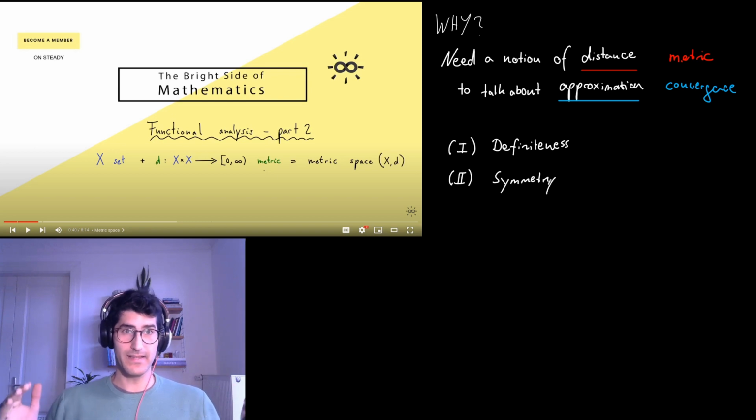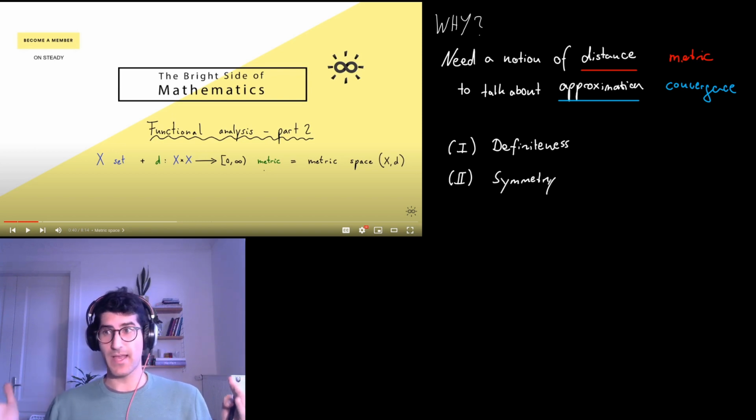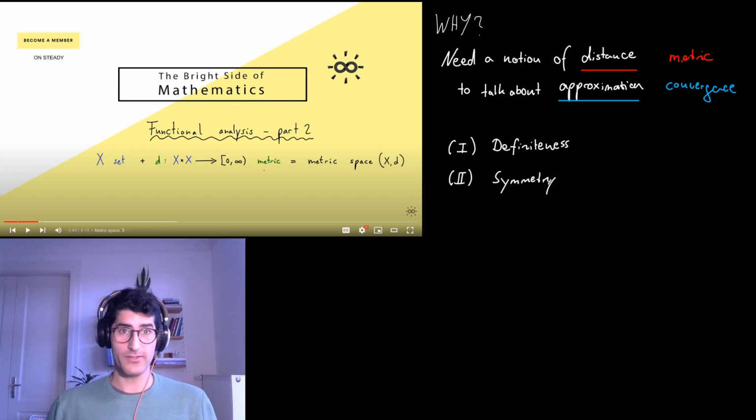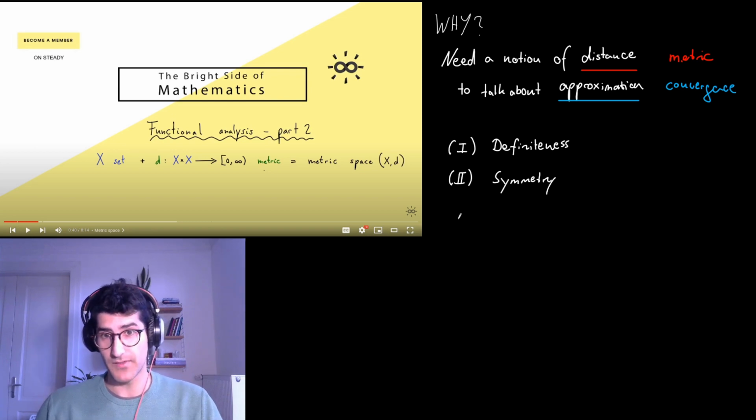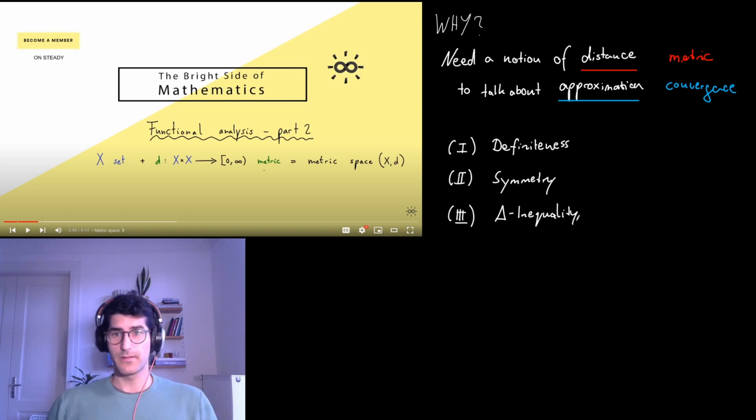Symmetry tells us that the distance from A to B is the same as from B to A, which may also coincide with your natural intuition you have when talking about distances. And the third property is the property of the triangle inequality. The triangle inequality, loosely speaking, tells us we cannot get a shortcut by taking a detour.